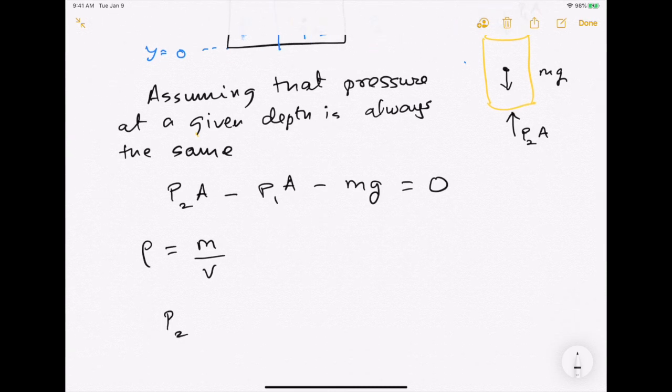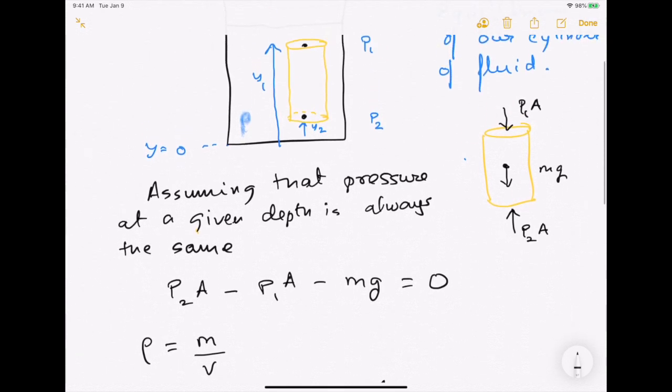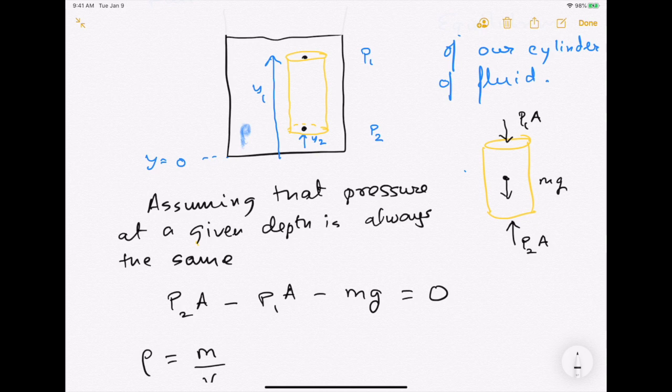So P2A minus P1A minus, the yellow cylinder is just made up of water, so it's just going to be fluid. So density times the volume of the cylinder multiplied by g. Let's figure out what the volume of the cylinder is going to be. The length of the cylinder is going to be y1 minus y2, right?